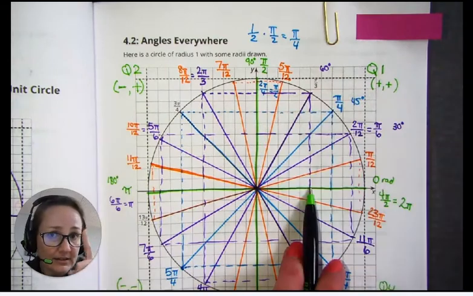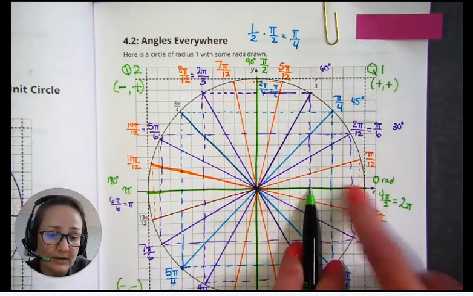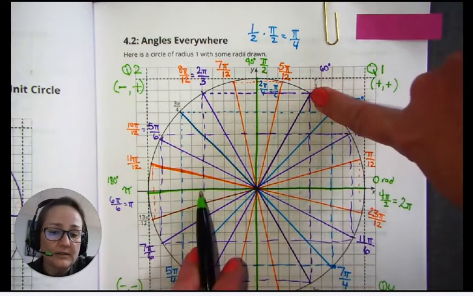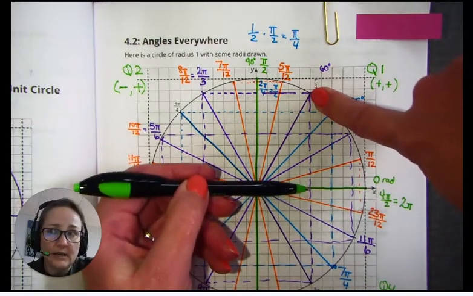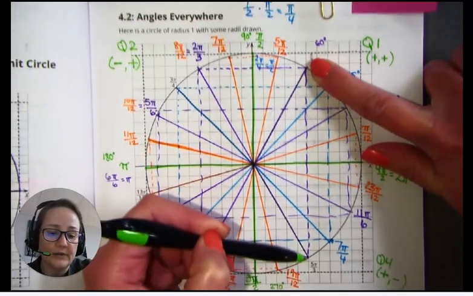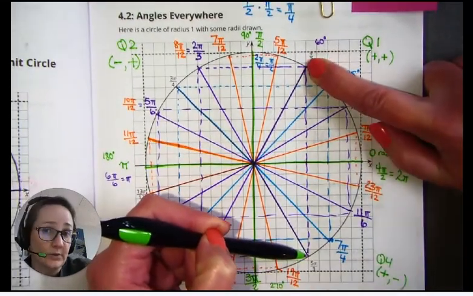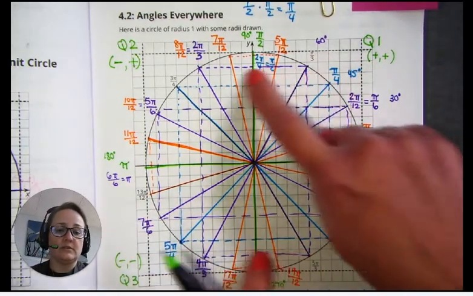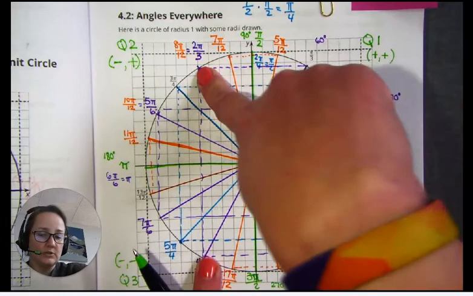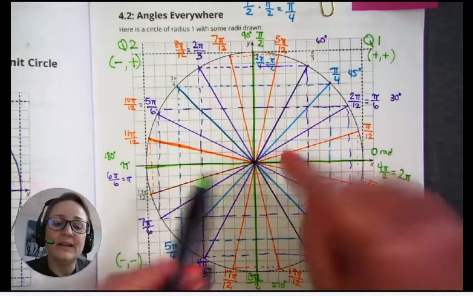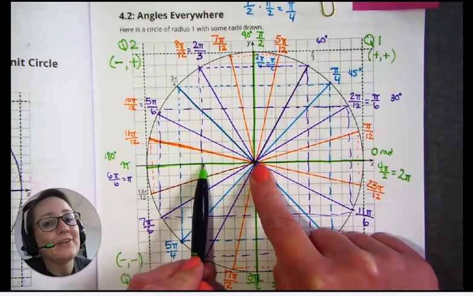Now check this out too, while we're here and looking at it. This guy is 1/2, and that means that I can follow that same 1/2 down. And this guy down here, 5 pi over 3, also has an x coordinate of 1/2. And because they're in this rectangle relationship, these guys are also at 1/2, it's just a negative x value.